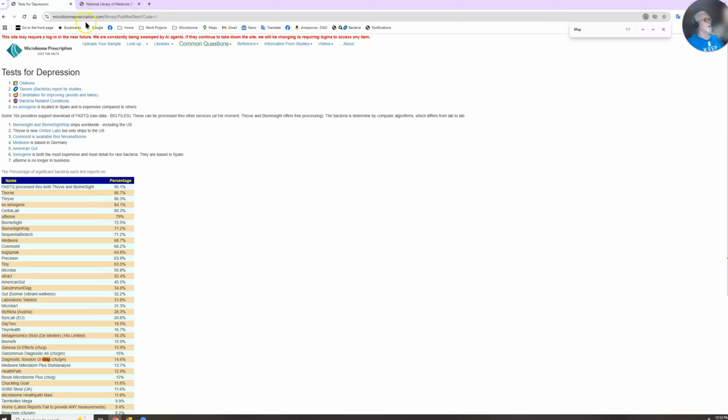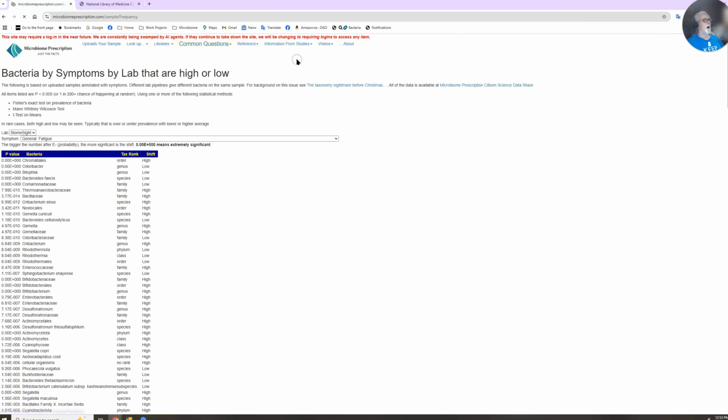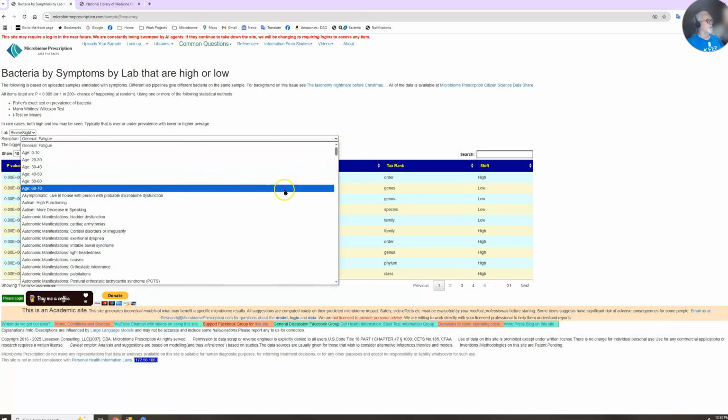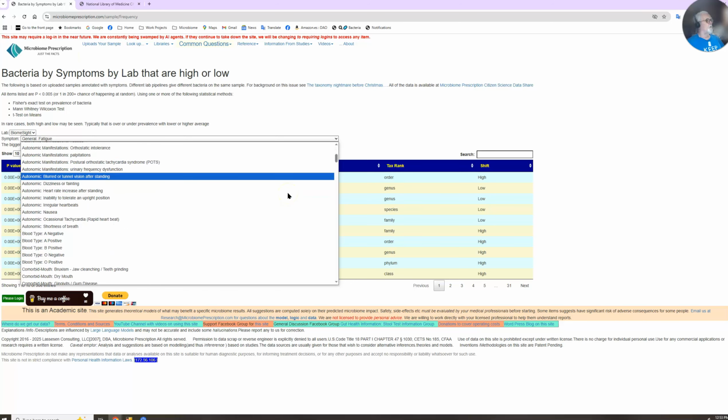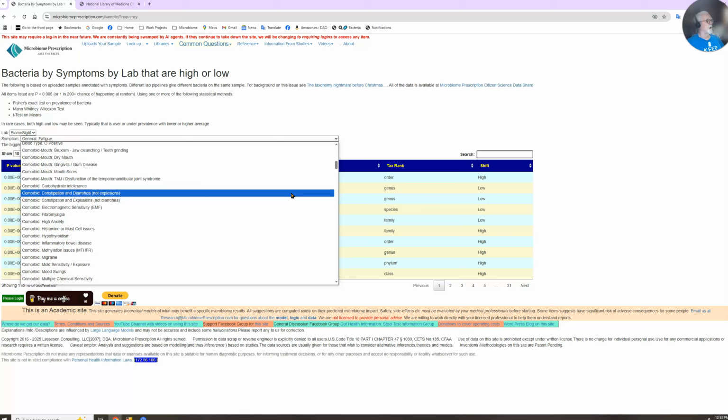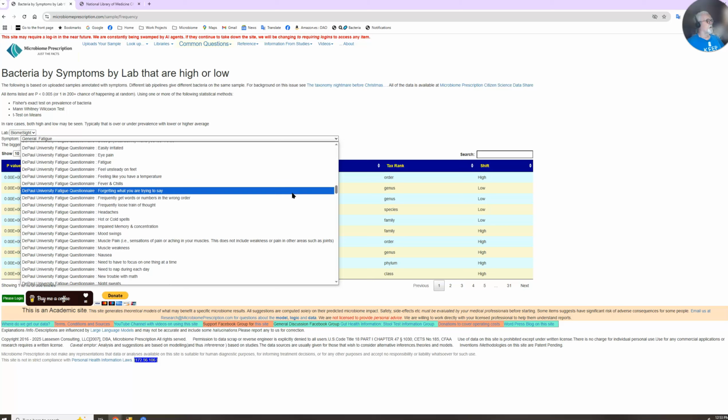Okay, now those are the two things. The information from studies is similar to here, but this is from Citizen Science. And we can now go in and find depression. I need to probably implement a search somewhere in there.